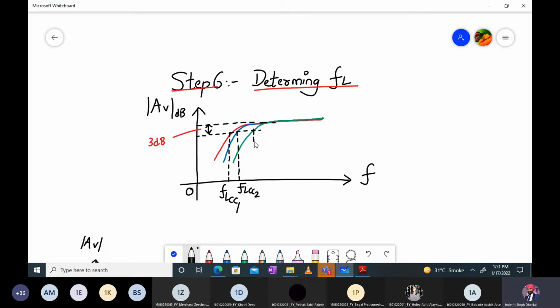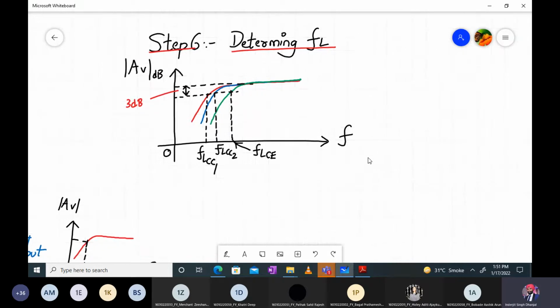And finally, I have the third one, and this one is due to FL of CE, which we have to determine. Let's say this is the hypothetical situation. So which one do we have to select?